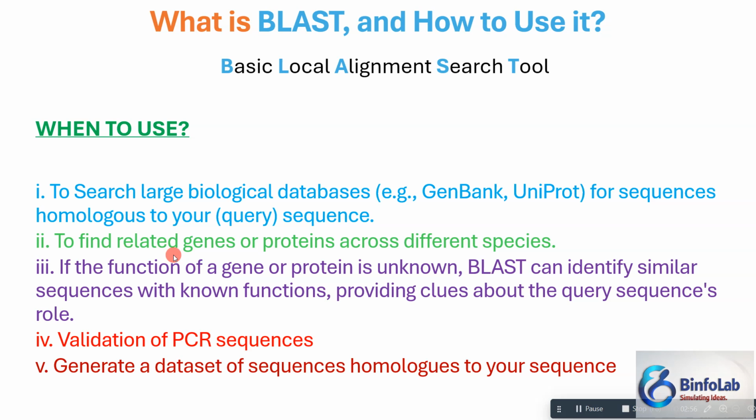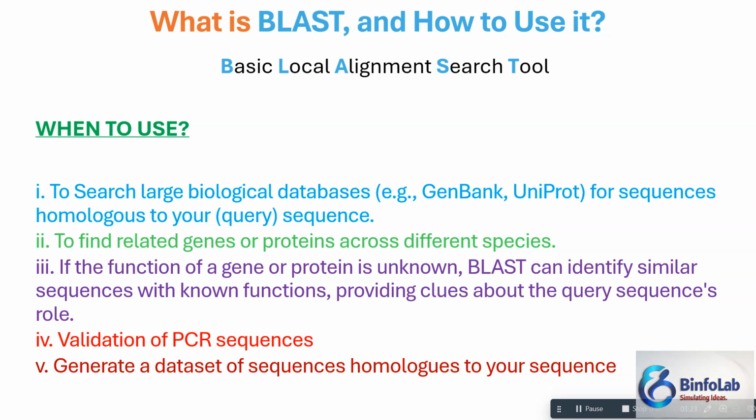Second, to find related genes or proteins across different species. If you want to know what other genes and proteins are related to your query sequence, you can use BLAST. Third, if the function of a gene or a protein is unknown.